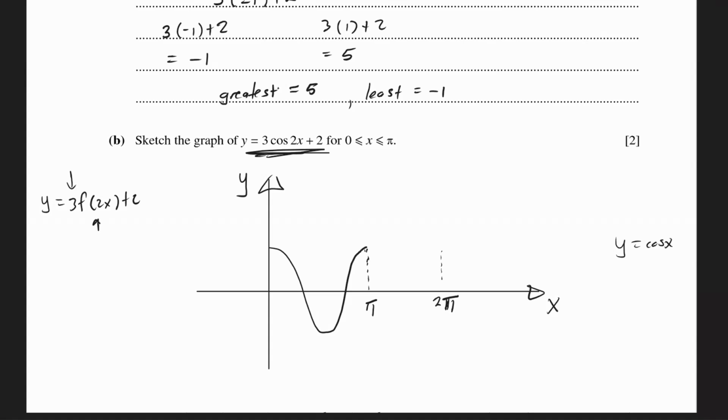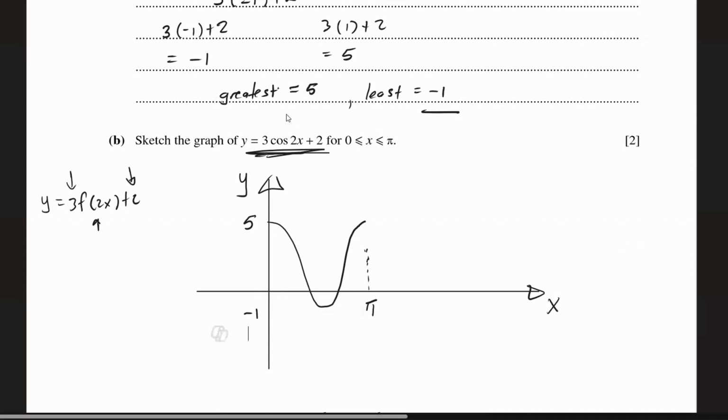It undergoes a stretch and a translation where the least value will be minus 1 and the greatest value will be 5. So the graph will be more like this, where this is 5 and this is minus 1 and everything else doesn't matter. So this is the graph I'll come up with right here.